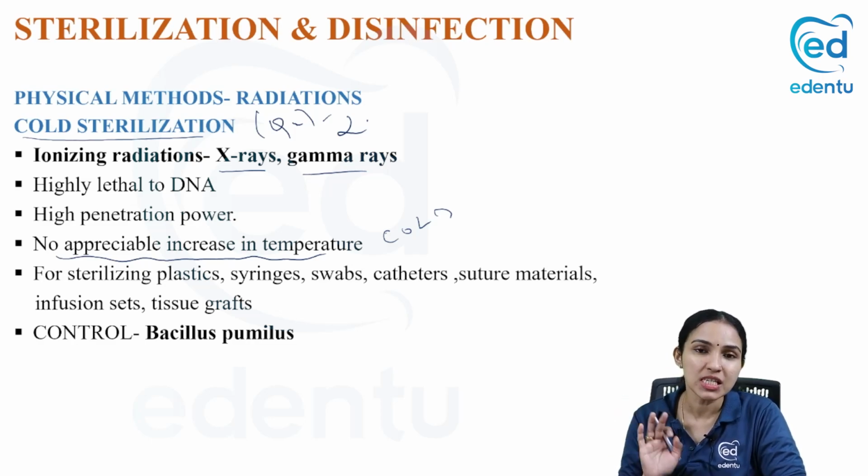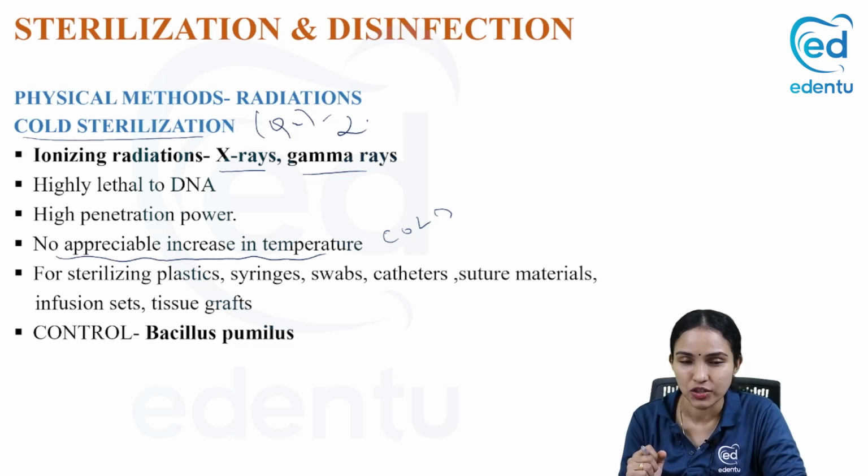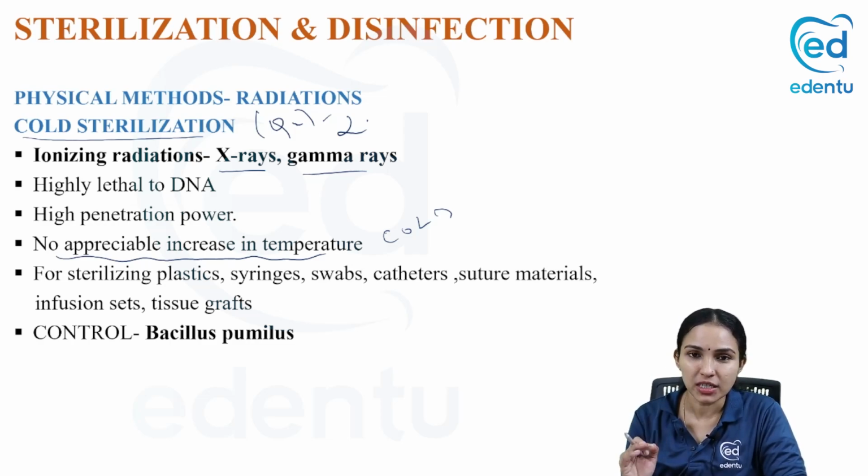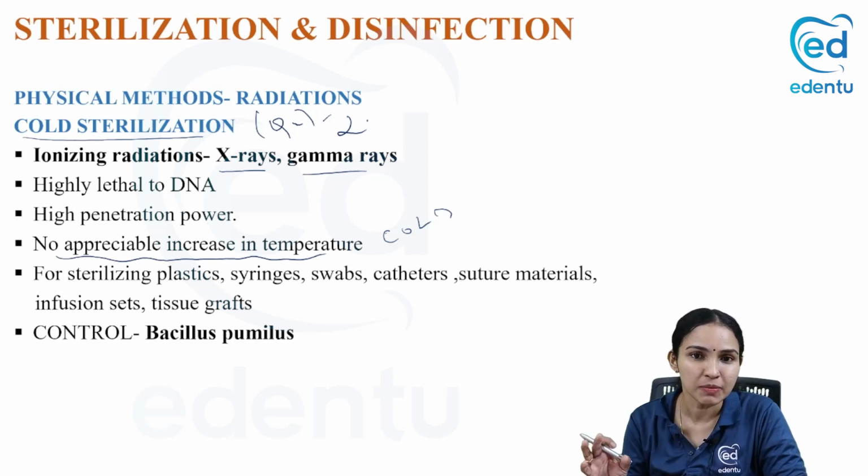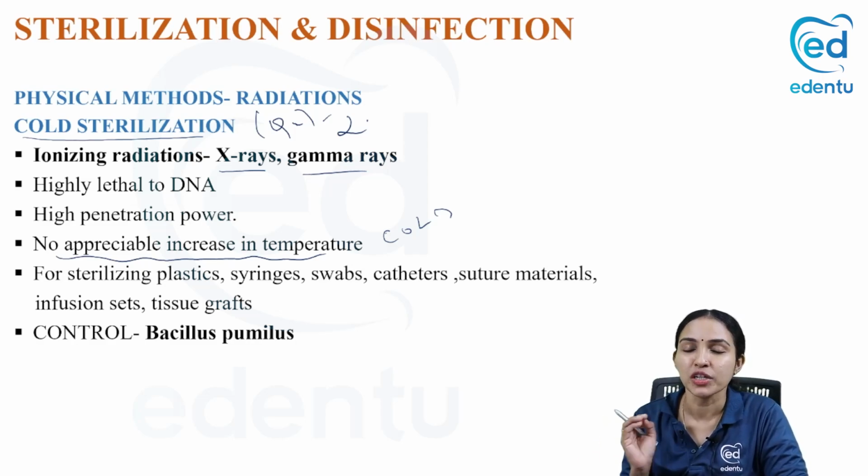We put them in the cover and the entire set is sterilized using cold sterilization. Such articles which cannot be put under a heat method, you go for the cold sterilization method, where we use ionizing radiations.